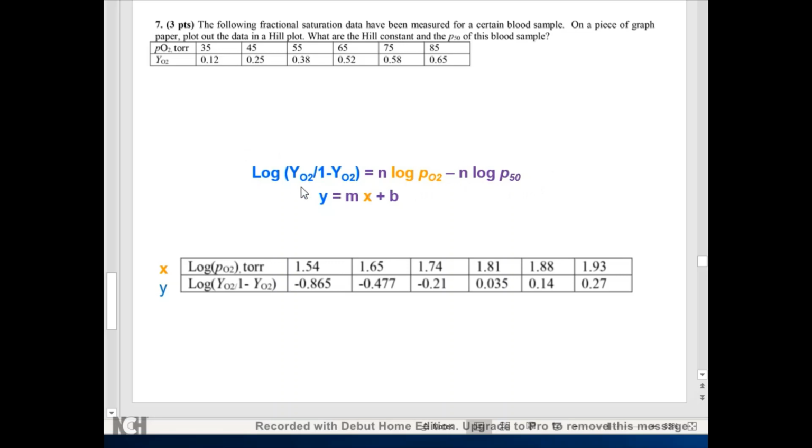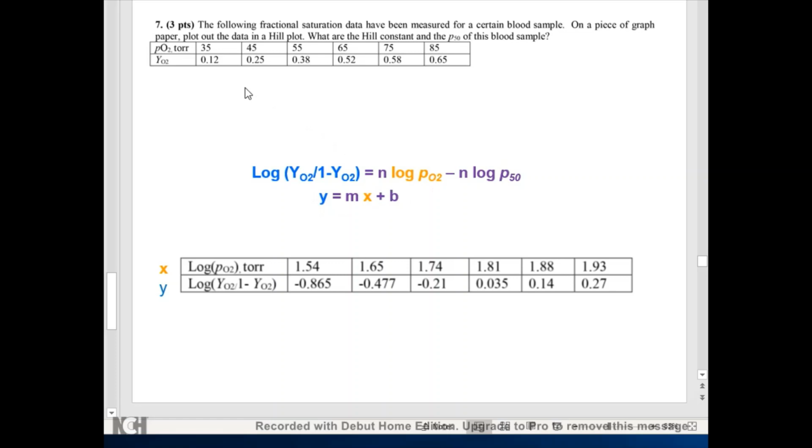So you have to memorize this equation in this course, and as you can see, it's a linear function where your y is this logarithm expression and your x is the variable logarithm of pO2, right? So if you know the dependence, then you can find your n as the slope of the line, and you can find P50 from the intercept, right?